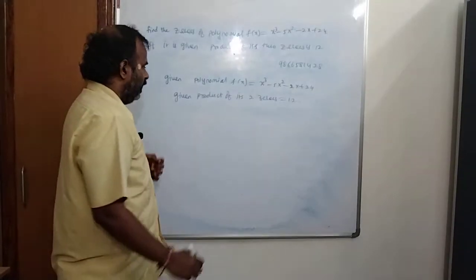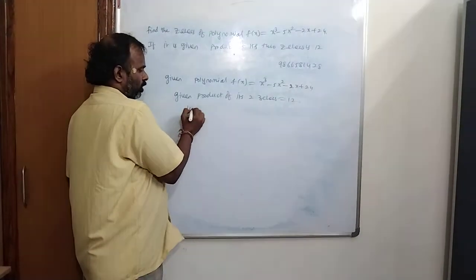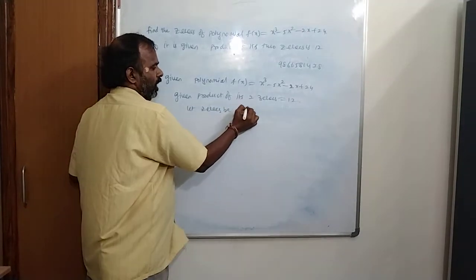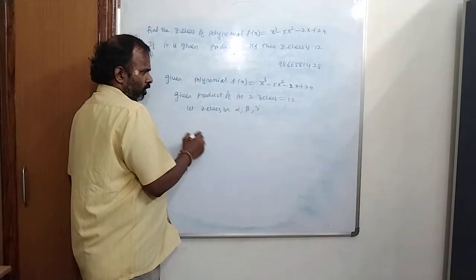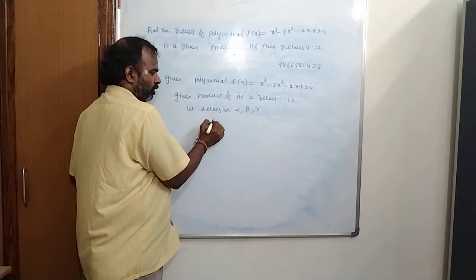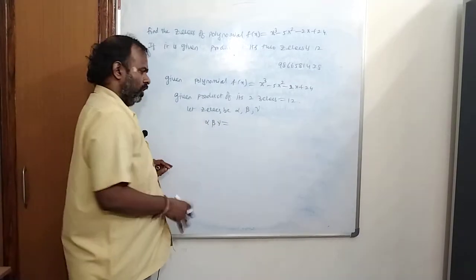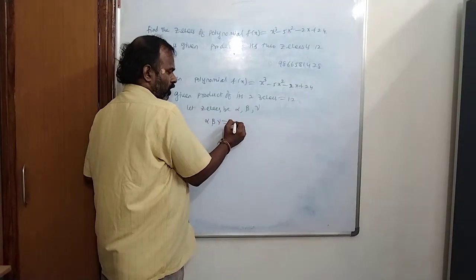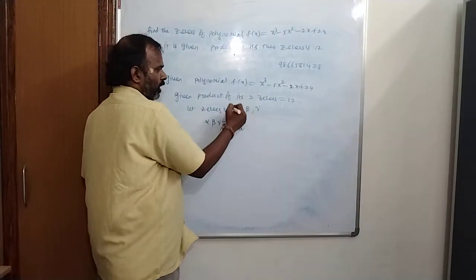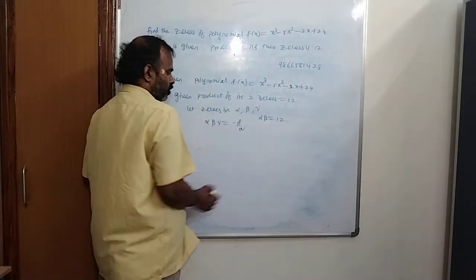So first let the zeros be alpha, beta, gamma. Now the product of three zeros, alpha beta gamma, is minus d by a. Already the product of its two zeros, alpha beta, is 12.